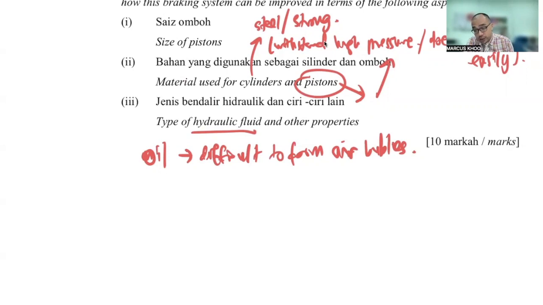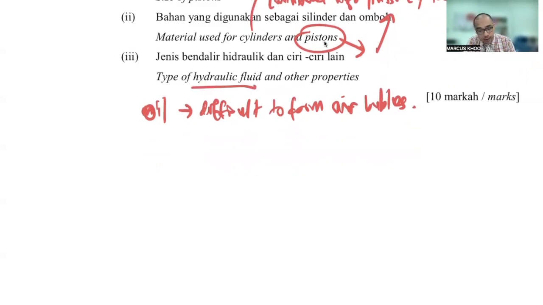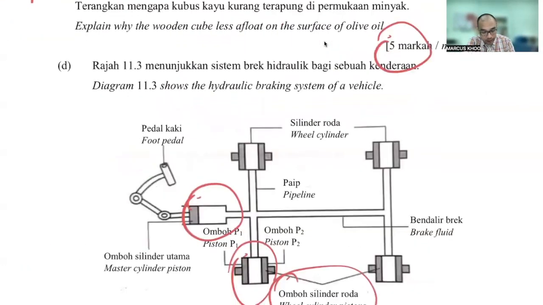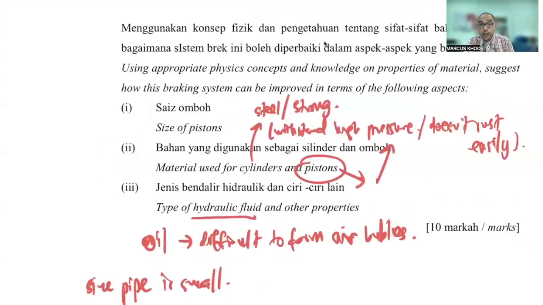Now, another thing that somebody wrote over here is the size of the pipe, or the diameter of the pipe, is small. The size of the pipe is small so that it can produce a big force.